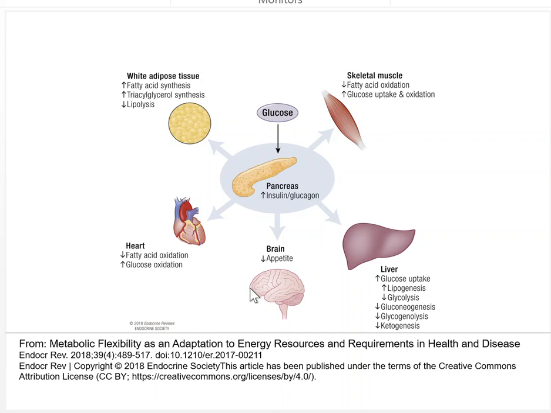When we get too far to the extreme, the system falls apart. That's also the case, probably, when we're doing a lower carbohydrate diet for too long. So metabolic flexibility is something we strive for, which is having a lifestyle that will lead to balance so that the system will function well.